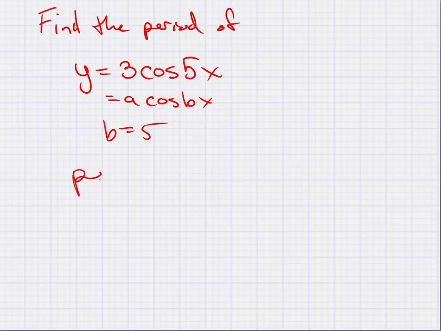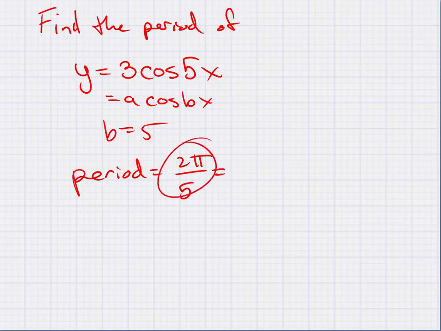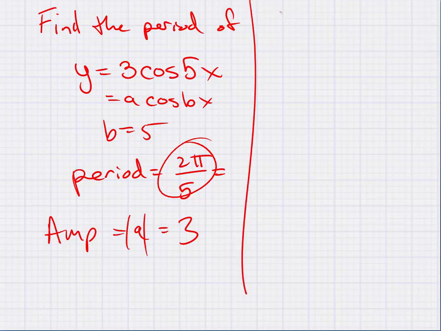So the new period is the old period, which is 2 pi, divided by b, which is 5. So that's my answer, 2 pi fifths. That's the period of this function. If I said, what's the amplitude? The amplitude would be a, or in this case, absolute value of a, but it's the same thing as a, and I get 3.